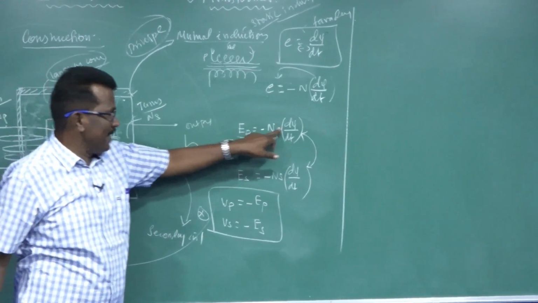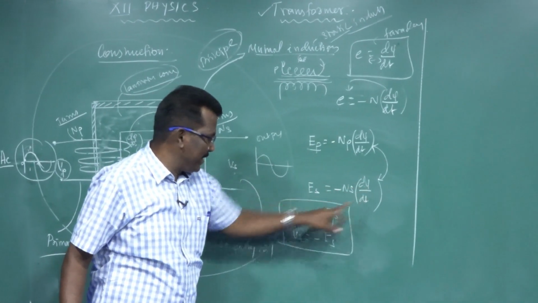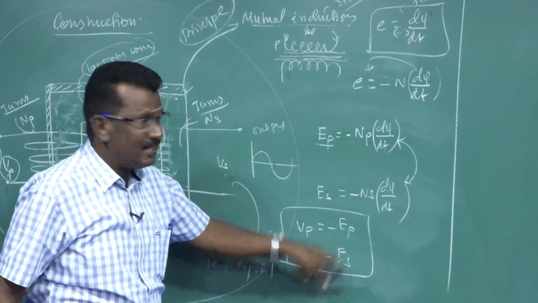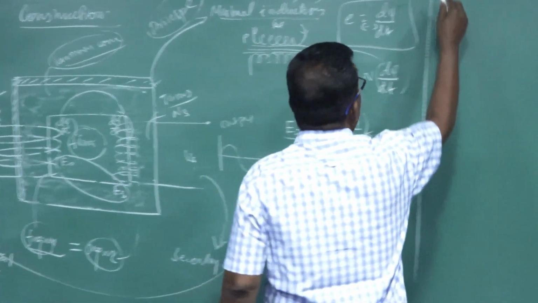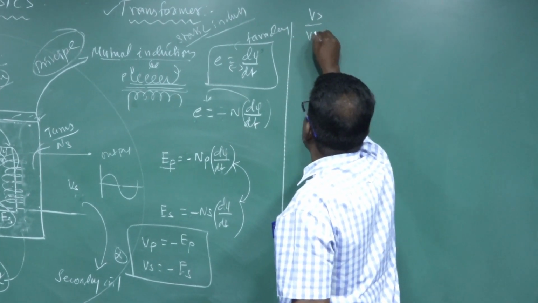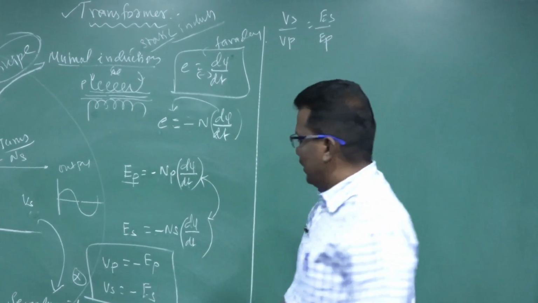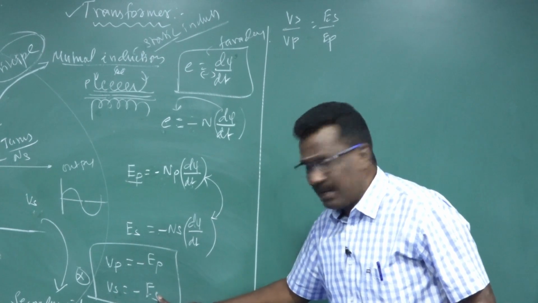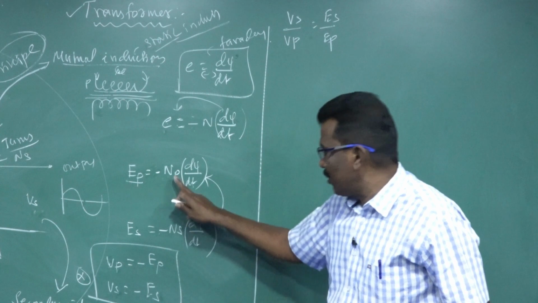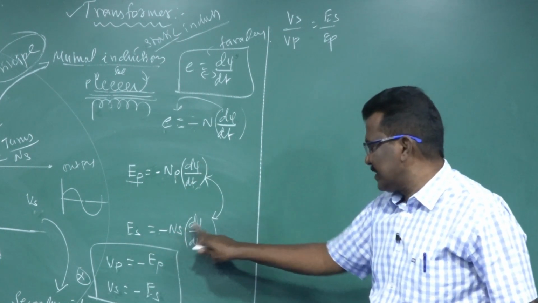We know EP is equal to minus NP dφ by dt, ES is equal to minus NS dφ by dt, VP is equal to minus EP, and VS is equal to minus ES. Now compare the equations. VS by VP is equal to ES by EP, which gives NS dφ by dt over NP dφ by dt.